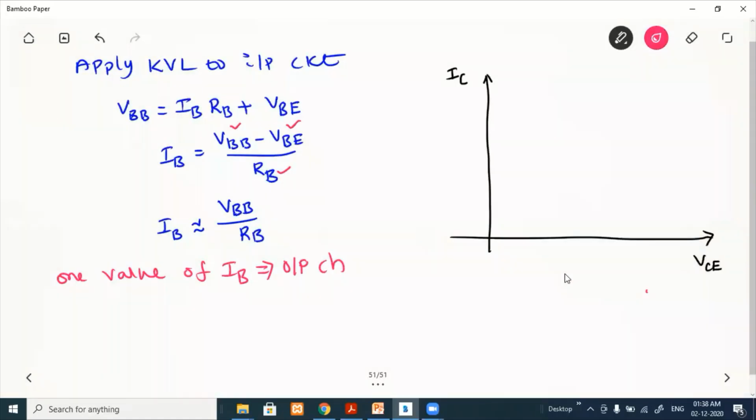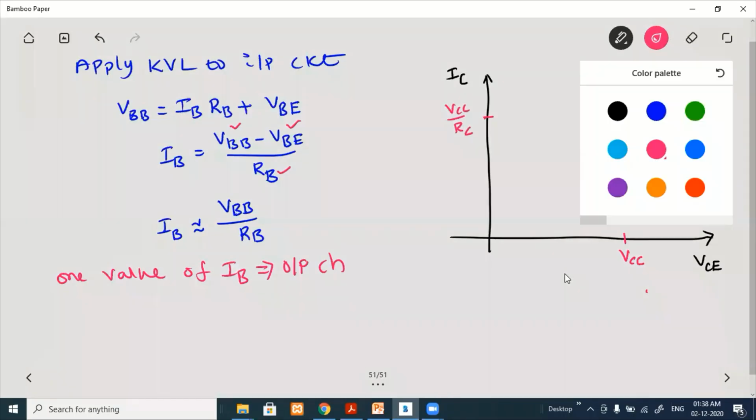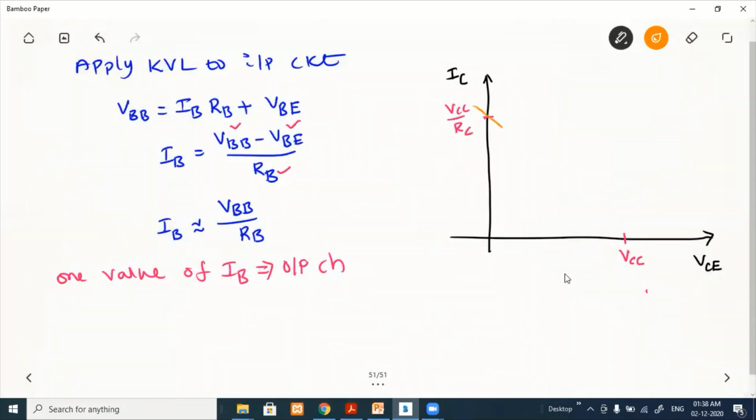On the x-axis, IC equal to 0 gives VCE equal to VCC, and on the y-axis, VCE equal to 0 gives IC equal to VCC by RC, and by joining these two, we get the load line. Now, with this value of IB, sketch the output characteristics, and we get the curve like this.